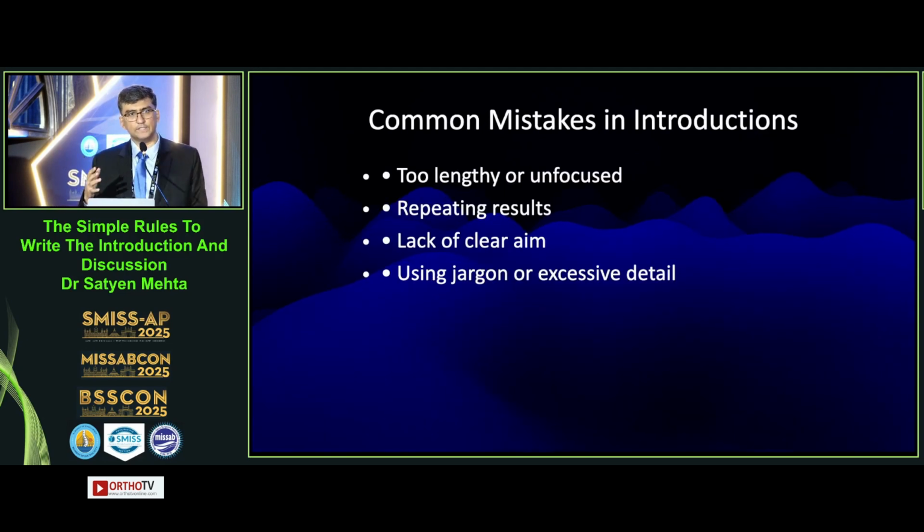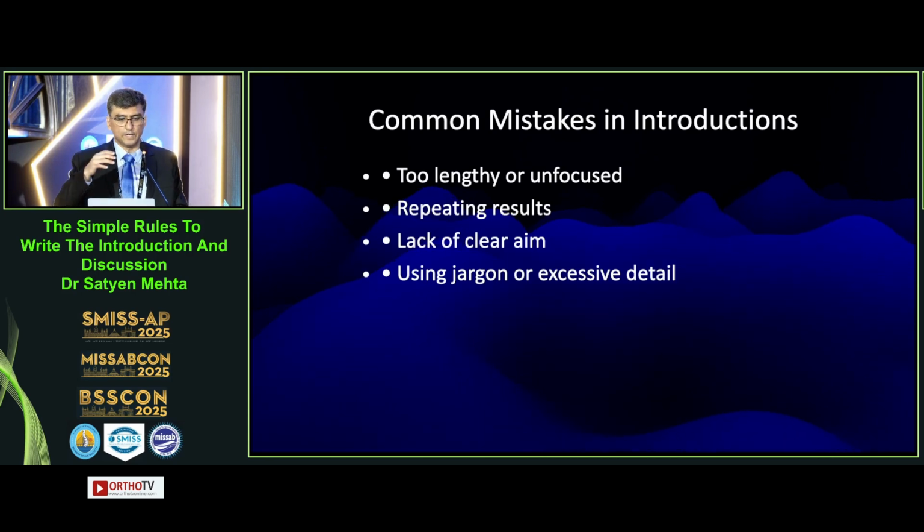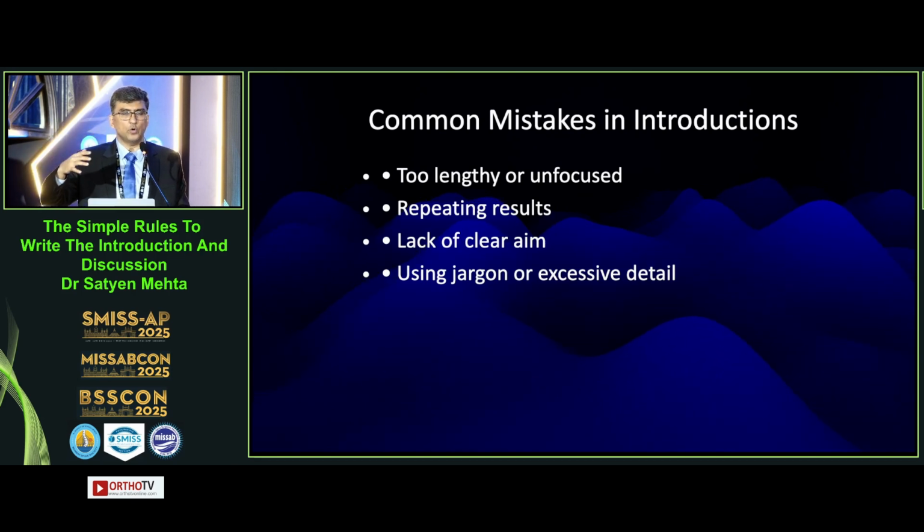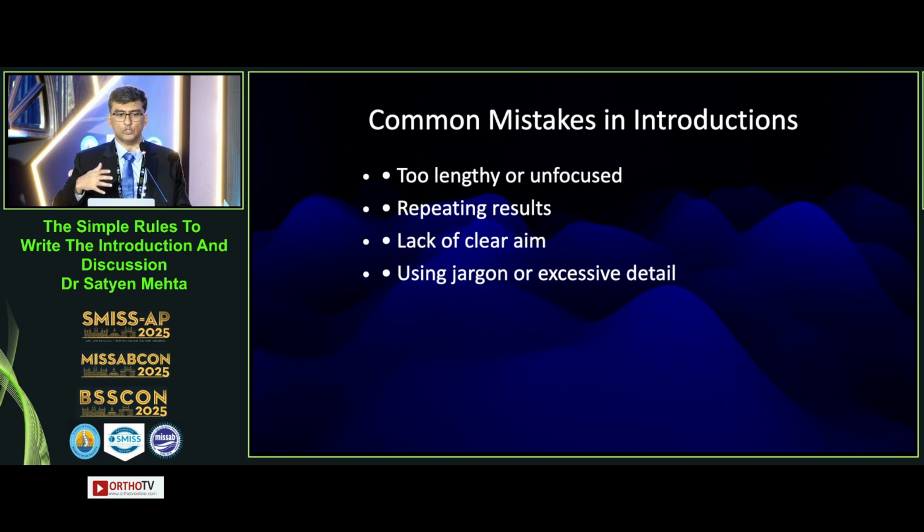What are the mistakes that one makes in introductions? The mistakes are that it becomes very lengthy and unfocused. If he's talking about a particular topic, rather than talking about what they are trying to study, he will be talking all around, going into the history and all different types of complications, etc. And then repeating the findings of other studies again and again is not required. Another mistake is a lack of a clear aim.